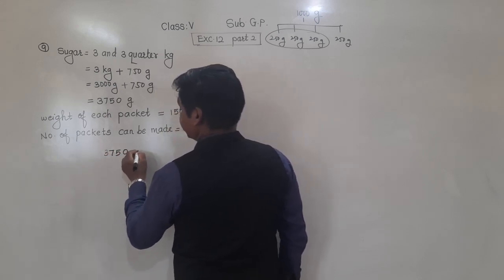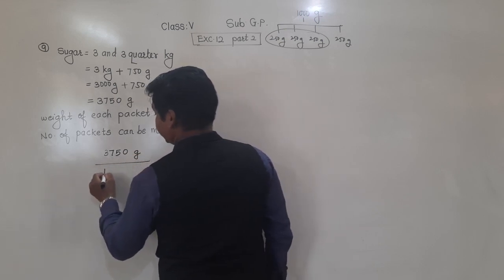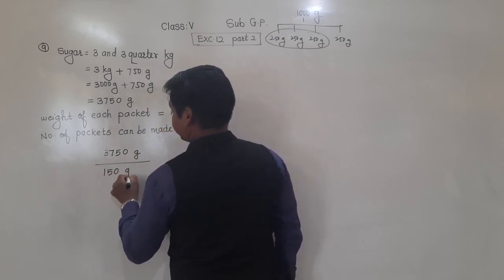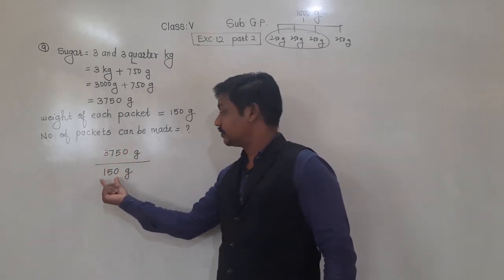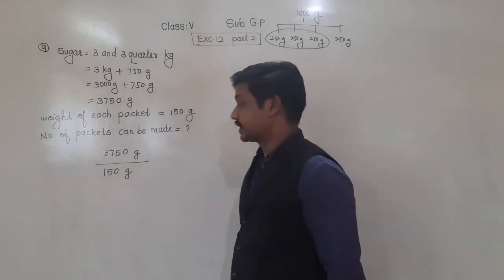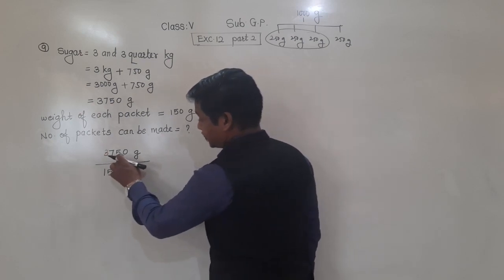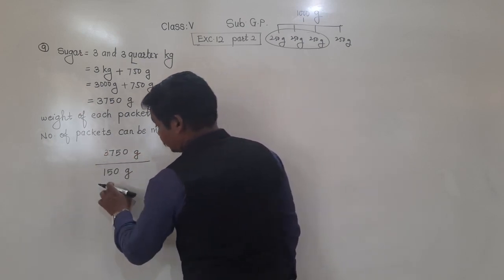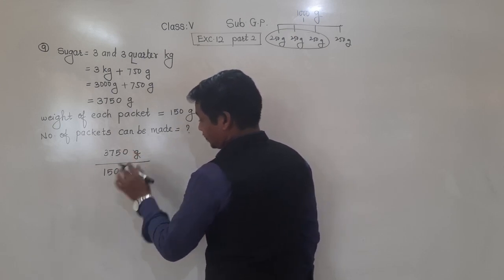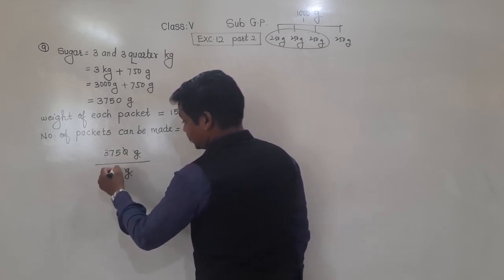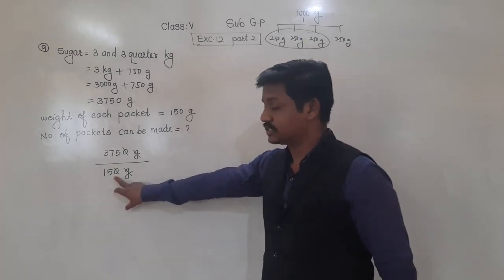So 3750 gram divided by 150 gram. Total weight of sugar and weight of each small packet. Gram divided by gram cancel, 0 in the last cancels with this 0.